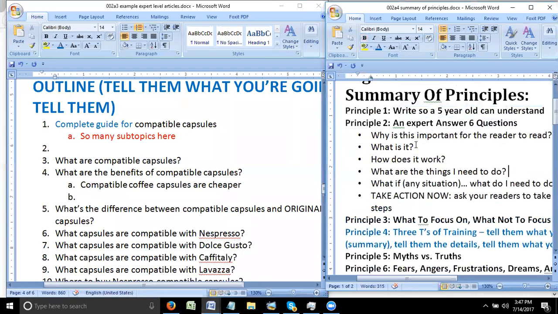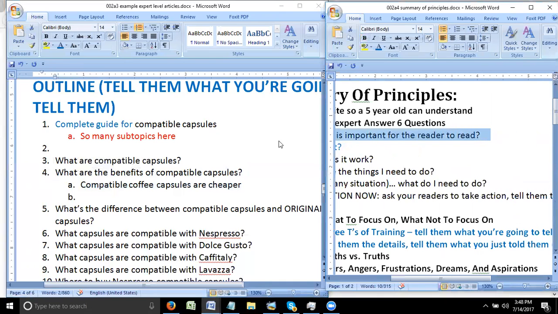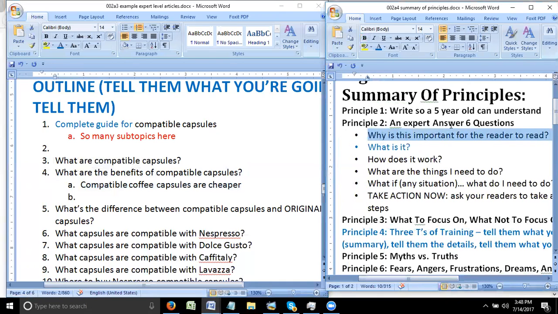How does it work? So we've already answered a lot of the what is it, right? Because we talked about what are compatible capsules. And we actually talked about what are the benefits of compatible capsules. And although it starts with what, it actually answers the why, right? Because if you know the benefits, the why is tied to the benefit to the reader. So this is the why here.